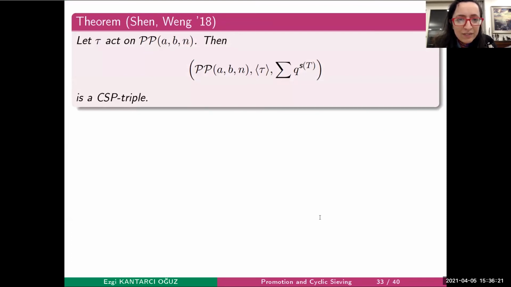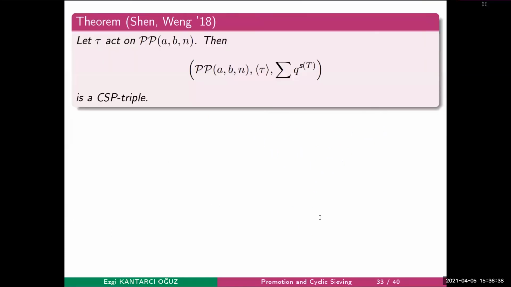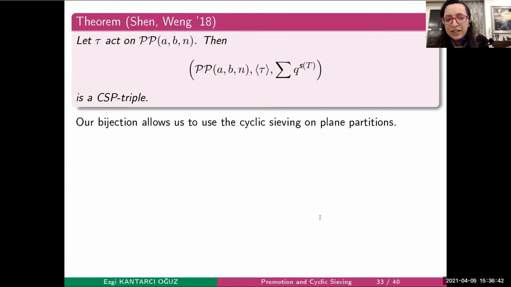And happily, there was a recent paper with cyclic sieving on these plane partitions. The polynomial was given by the sum of the entries of the plane partition. And this bijection allowed us to borrow their cyclic sieving and use it for our ends.